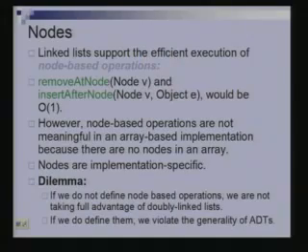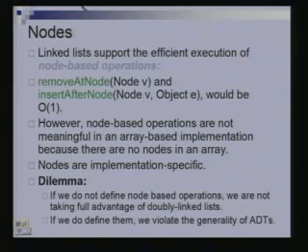So, linked lists are better at supporting node based operations. If I have a doubly linked list and I tell you to delete this node, you can delete that node in constant time. Or if I say insert a new node after this node, I can do that in constant time. Or insert a node before this node, again in constant time.